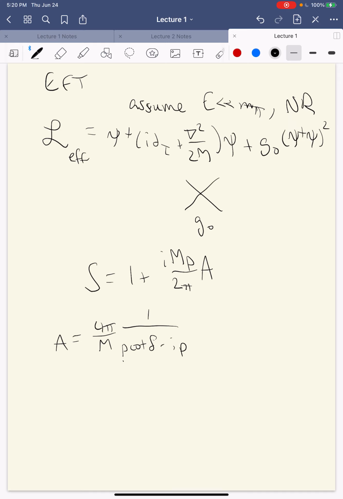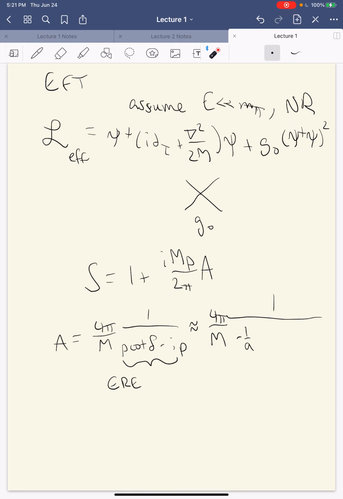And then hopefully you guys remember the effective range expansion, where we assume that we are at low momenta. And by low momenta, we mean low compared to, say, the inverse size of the interaction. And that's just another way of saying that we're assuming the nucleons all interact via point-like interactions. So then this guy looks roughly like this. So it goes like -1 over A, where A is the scattering length.